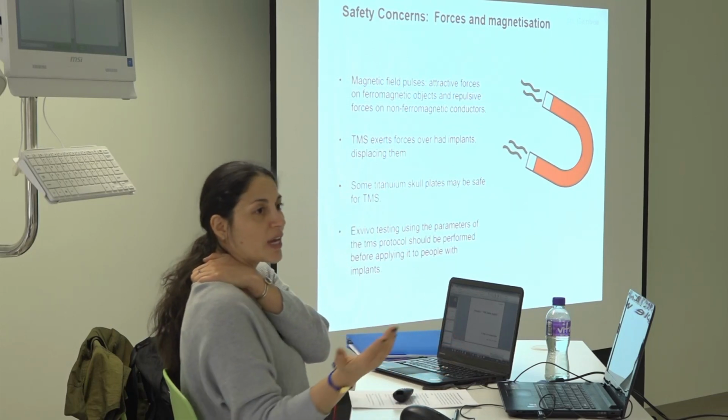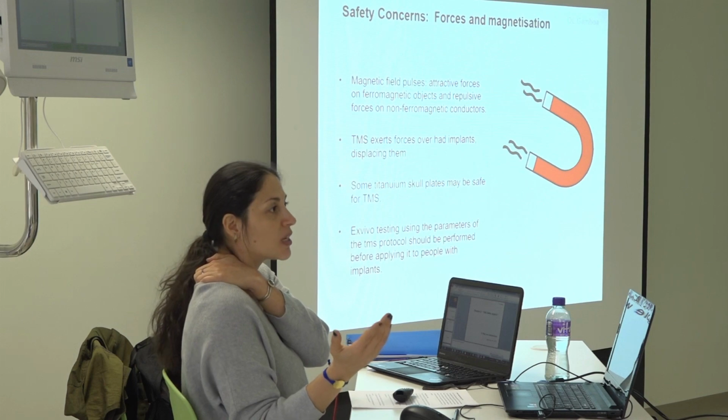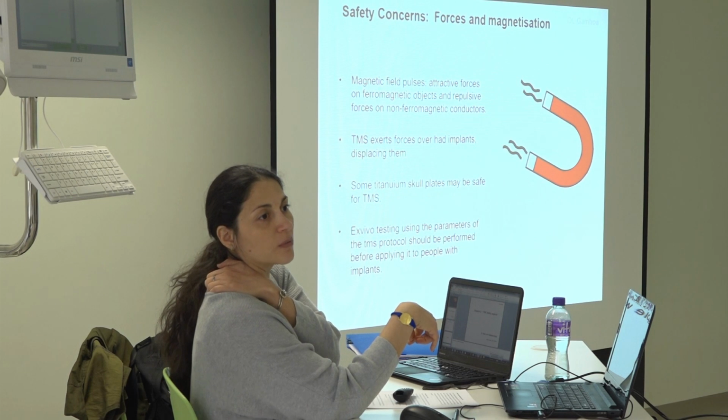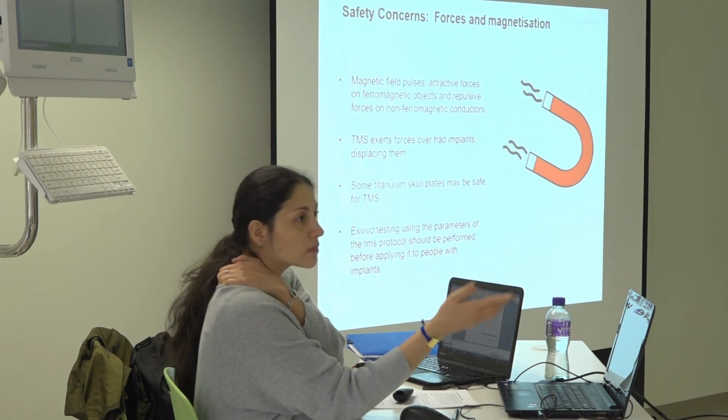So you should take care of it. It's very important that you ask people. This is a safety concern, right? And you see the questionnaire asks about it. When you have a yes, you need to ask what exactly it is.